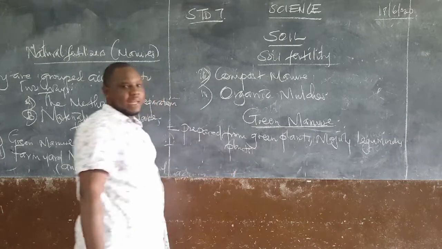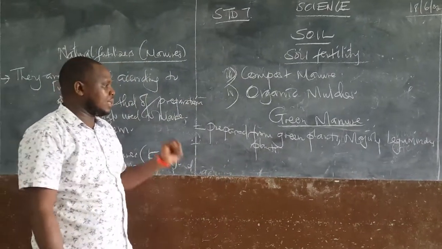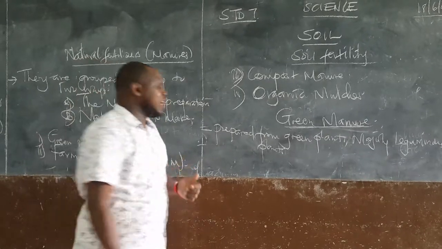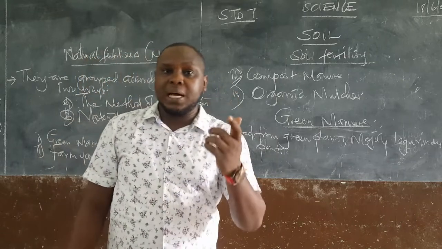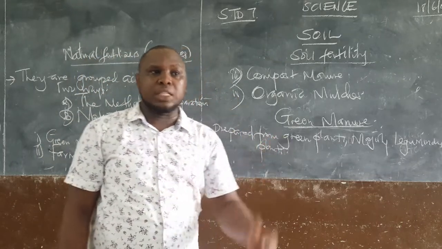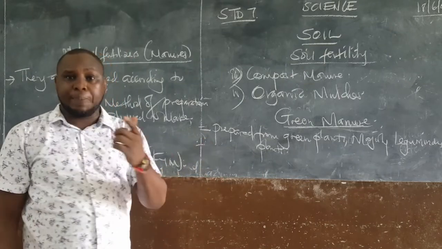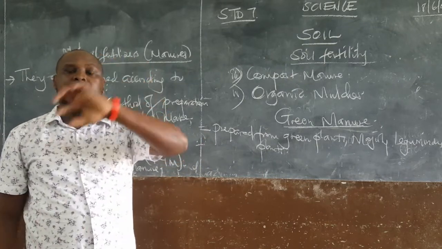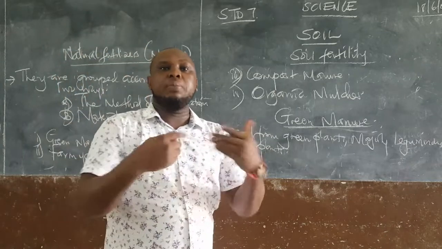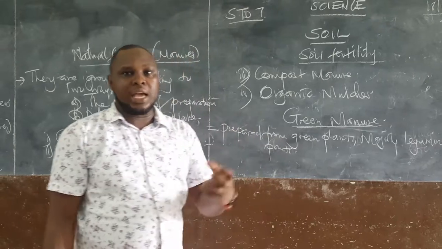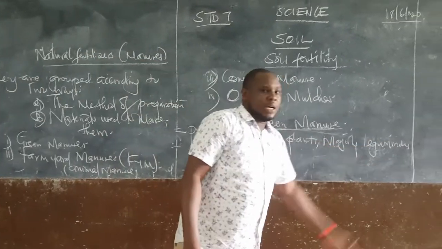The reason why I'm talking about leguminous plants is because, as we saw maybe in class 4 and 5, they have the capacity to convert the nitrogen in the atmosphere into nitrates, and therefore the plants can benefit from those nutrients. So that's why we're using leguminous plants.